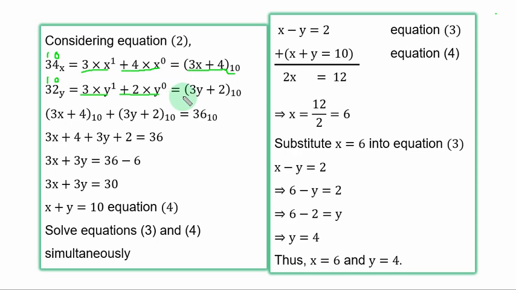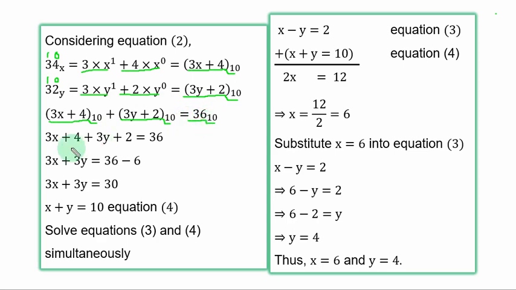That results to 3y plus 2 base 10. We write the second equation in terms of base 10 as 3s plus 4 base 10, the equivalent of 34 base s, plus 3y plus 2 base 10, the equivalent of 32 base y, equal to 36 base 10.